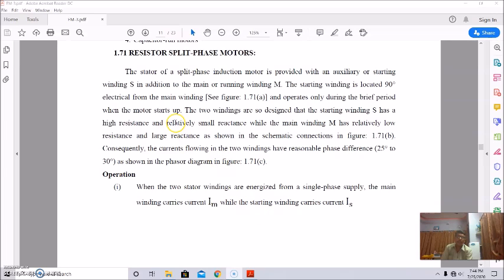That's a point to be noted. During running, the starting winding will be inactive, so the I squared R loss should be as small as possible for the main winding, and that's why the main winding resistance is low.